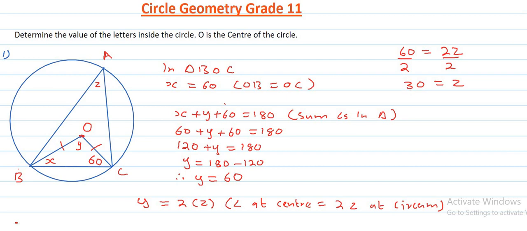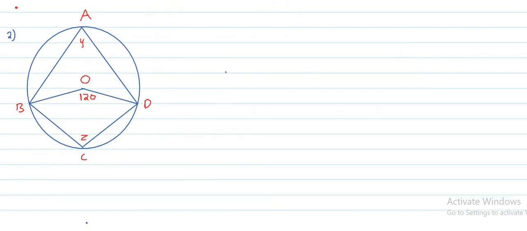Let's look at the second question. In our second question, we are given a circle with points A, B, C, D on the circumference, and O is our center. Then we need to calculate the value of Y and Z. For us to find the value of Y, we're going to say angle BOD will be twice angle BAD.